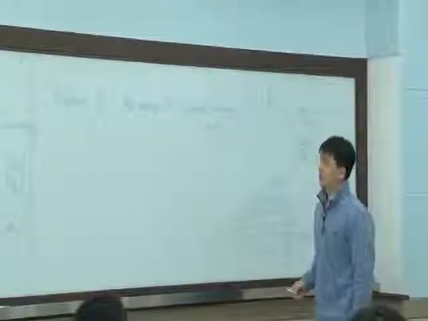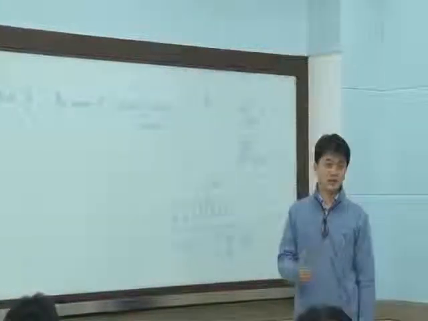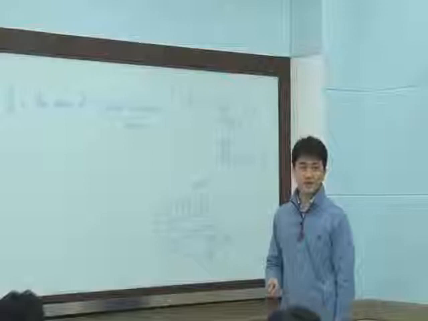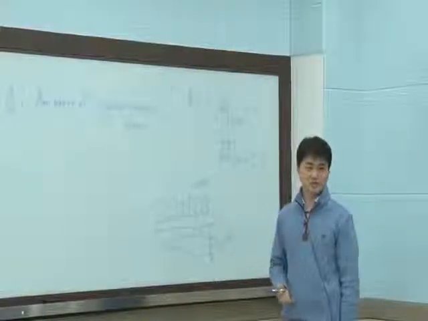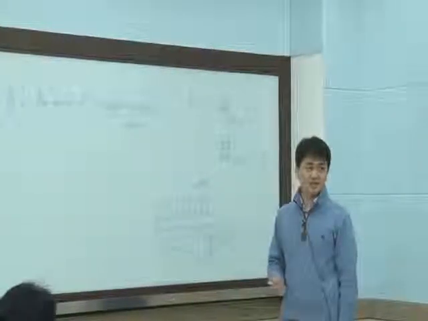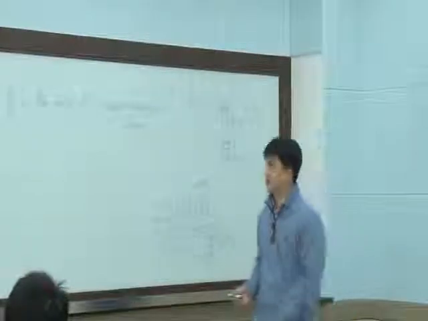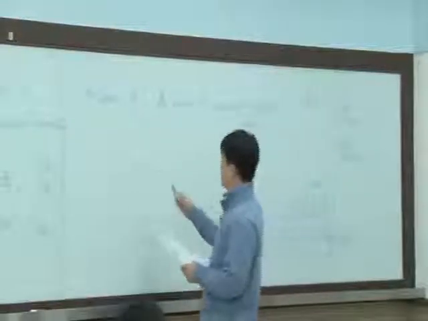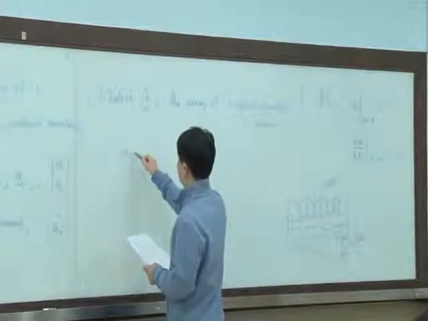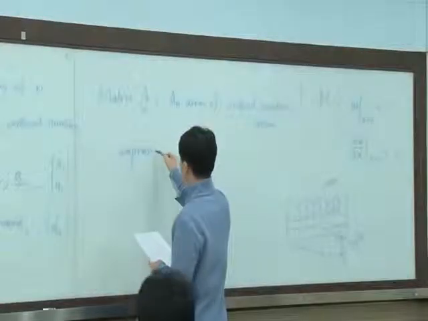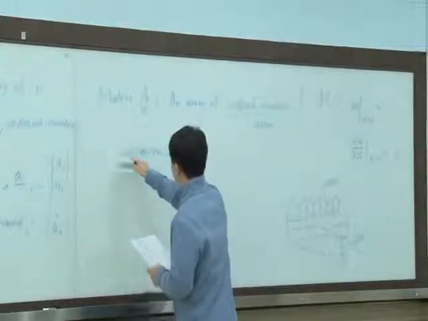So a matrix is an array of vectors. A vector is an array of scalars, and a matrix is an array of vectors.